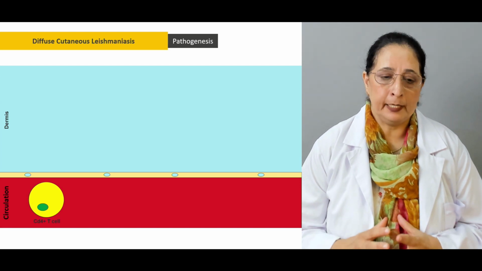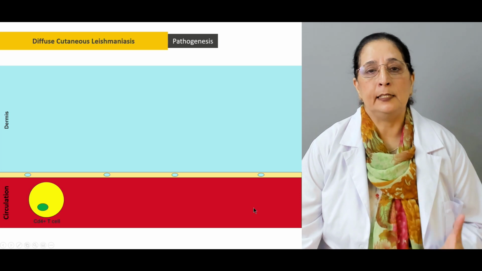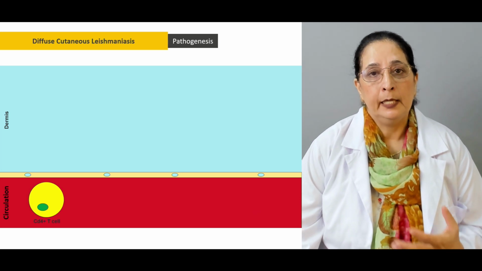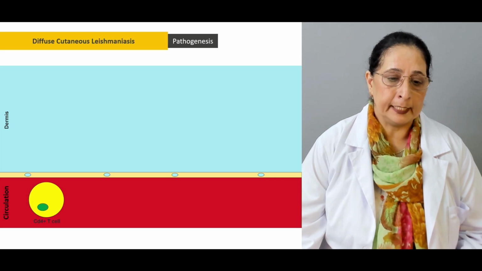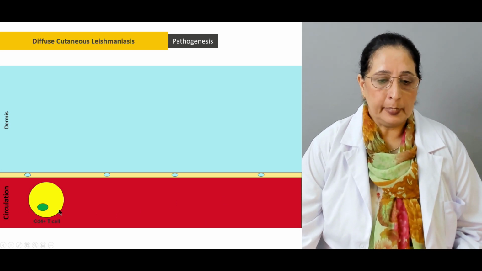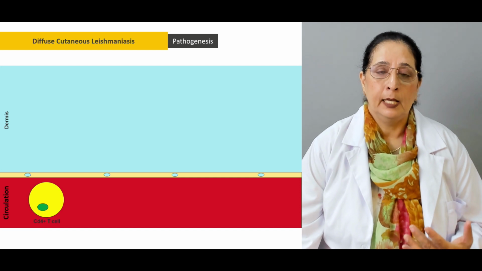The main cells targeted are the cells which are part of the inflammatory system and help in fighting the infection. So in the blood we have the CD4 T cells. T cells are a type of lymphocyte.